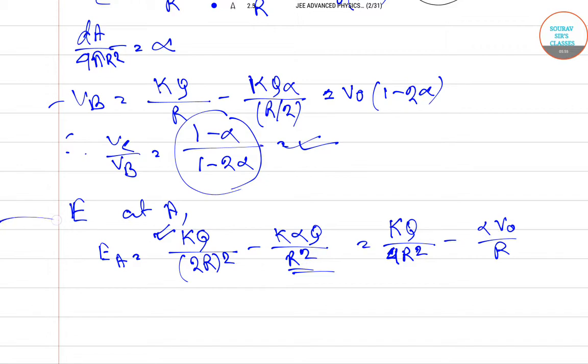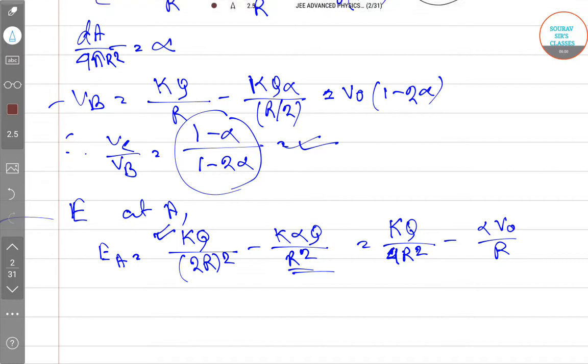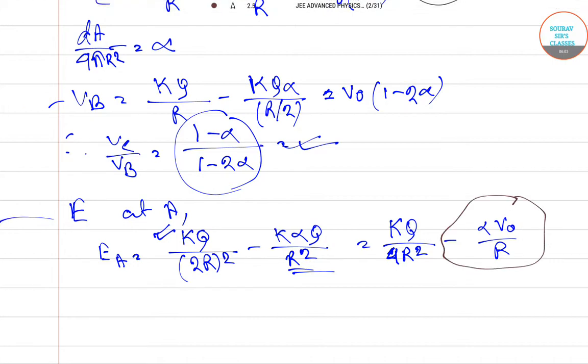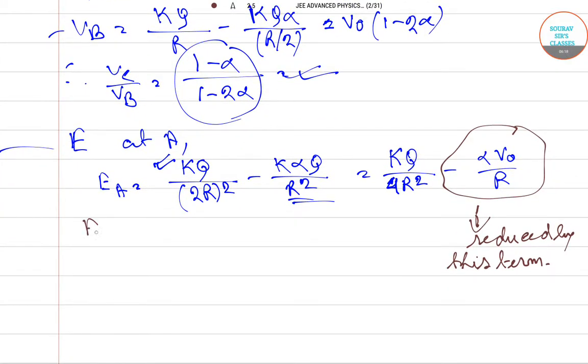Here this term alpha V0 by r is reduced. So electric field is reduced by this term. And if I calculate the electric field at the point C, then it is k alpha q divided by radius r square.